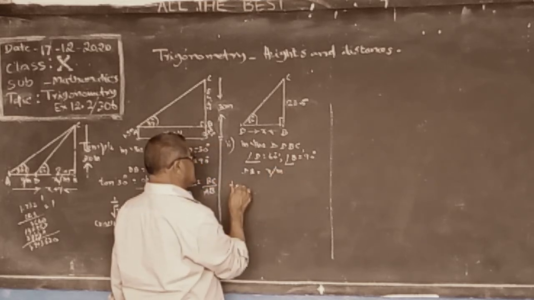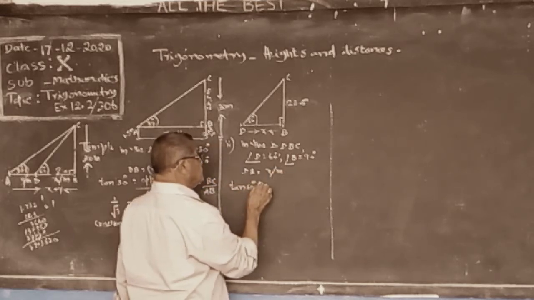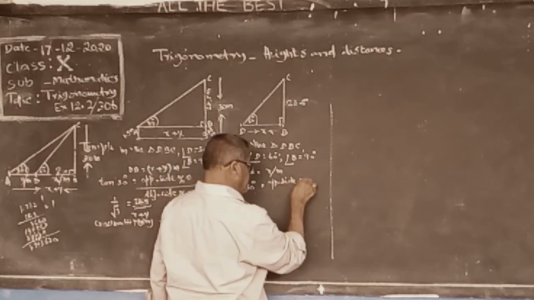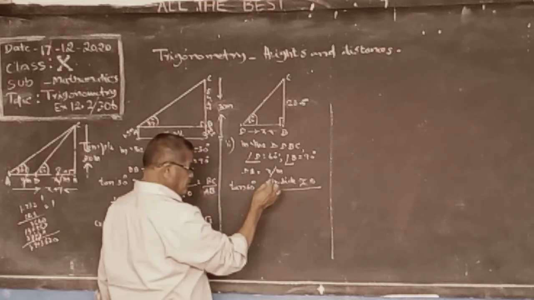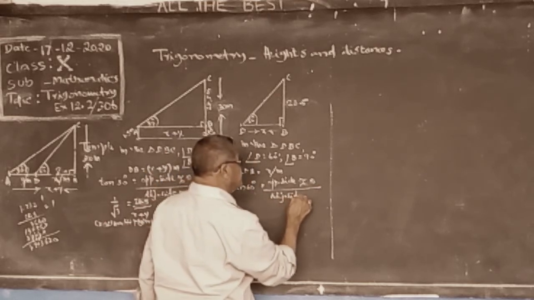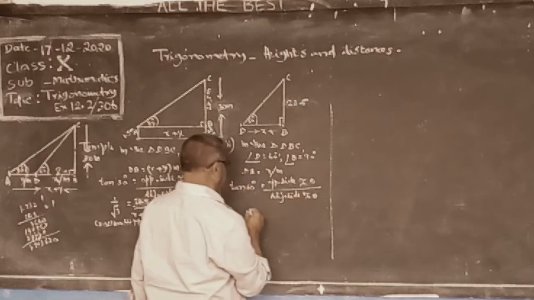Then tan 60 is equal to the opposite side of theta by the adjacent side of theta.